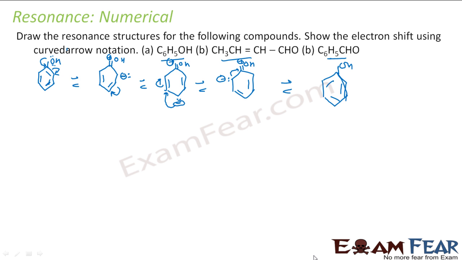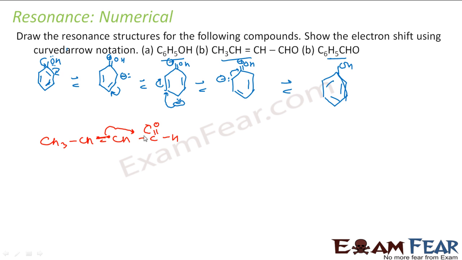Let's draw the structure of this, 2-buten-1-ol. So this is CH3, CH, double bond CH, CH2OH. Correct. Here this guy will move in this direction. You get a negative charge with a positive charge, and this bond will also break. It will go in this direction. In fact, these two electrons will go to this carbon, and this will form a bond.